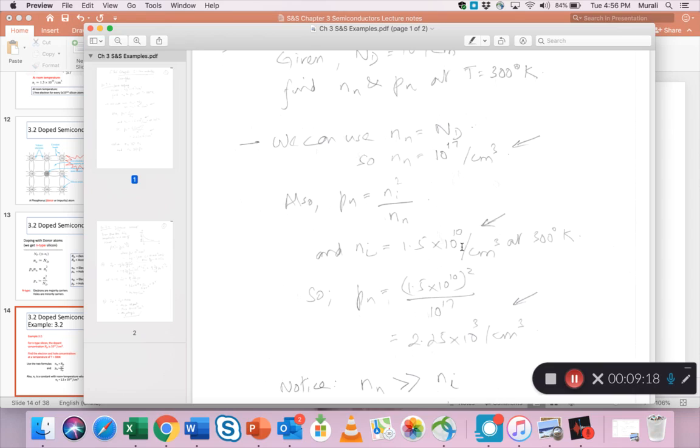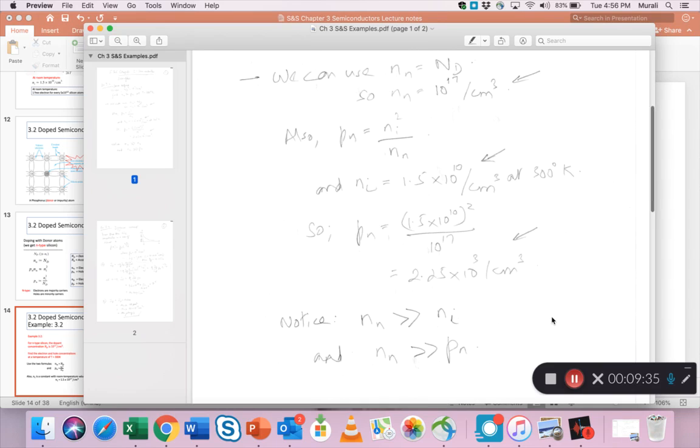This is what you get, 1.5 into 10 to the power 10. So use that value in the numerator in the formula below for Pn. Of course, you have to square it, and then divide by the new electron density, and the division will give you the hole density.